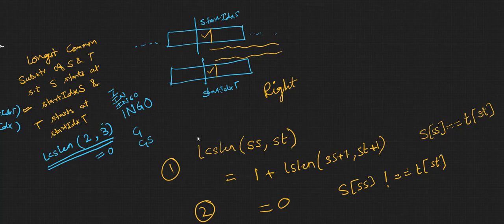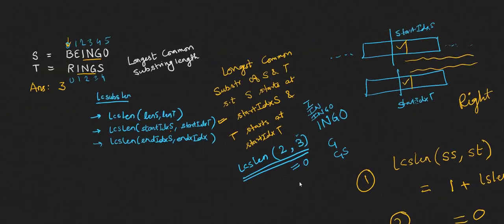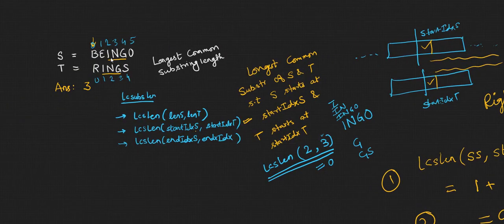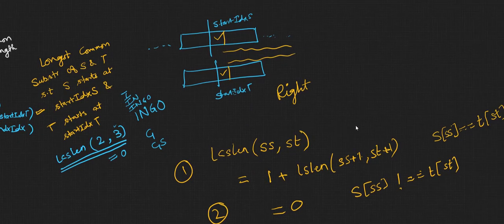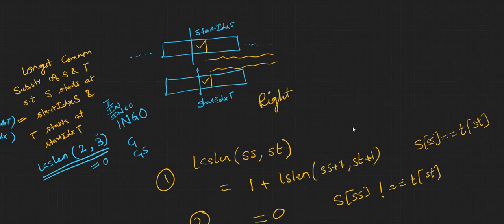Now, this is where we have to be extra cautious, because the start is fixed in our definition. If we start jumping, that means we are going to the subsequence problem. It doesn't remain a substring problem. For example, in our string, there was something common also. Let's say we are talking about RIN and IN. The first string is RIN and the second string, you are fixing I as the start.